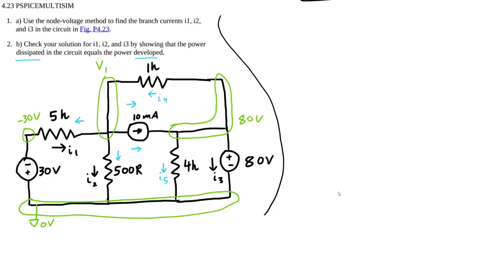So I'm going to do a KCL at V1. And we're going to say that the first one is V1 minus 30 volts, so that's going to become plus 30 volts over 5,000. You can leave it as 5,000 or 5K.